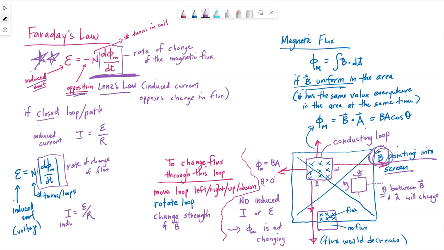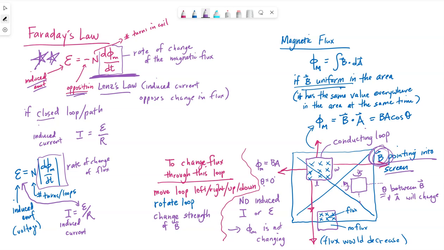Induced current comes because of this induced voltage, if the loop we are working with, inducing the voltage in, has a complete path to follow. So they're taking this opposition part out. It still happens. The induced current still works to oppose the change in flux.